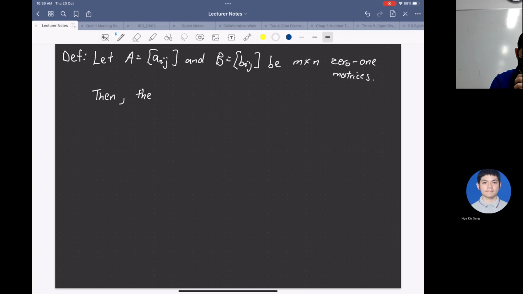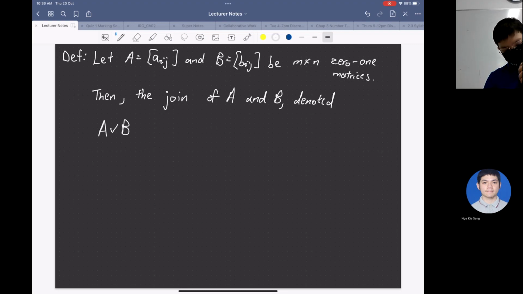So we define the join of A and B, denoted by A or B. What's A or B?